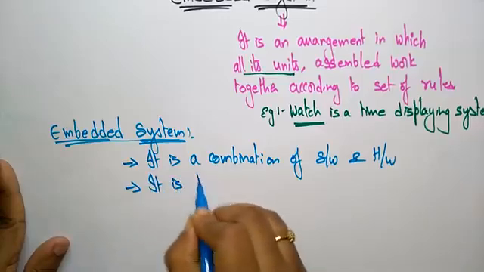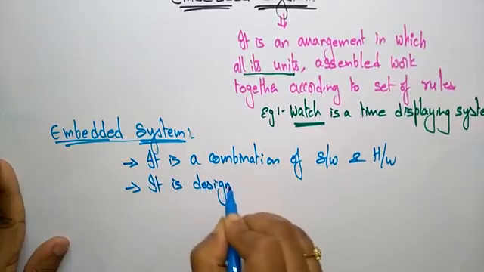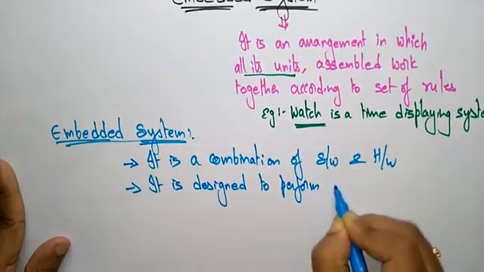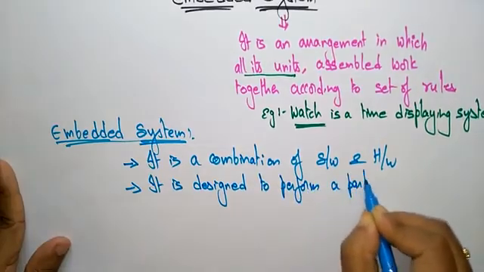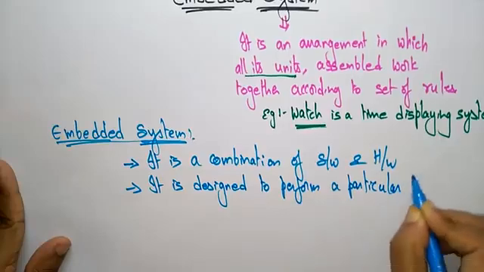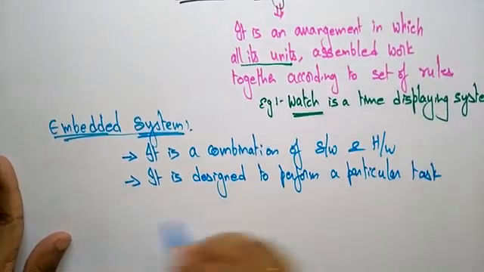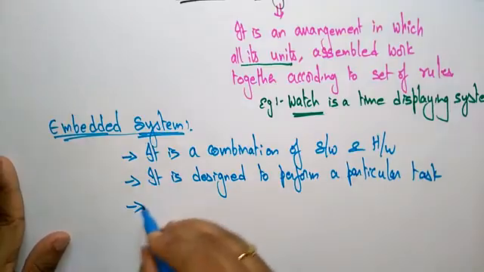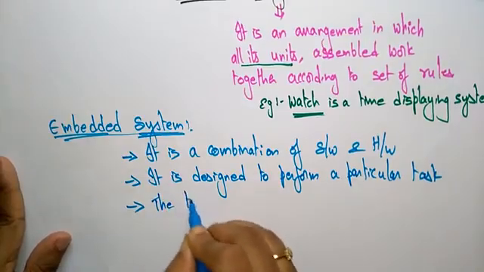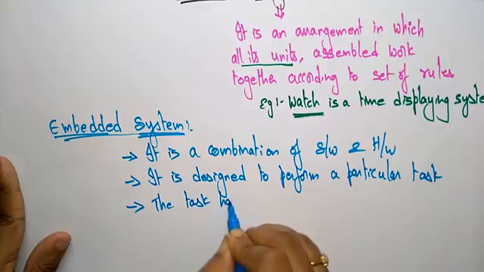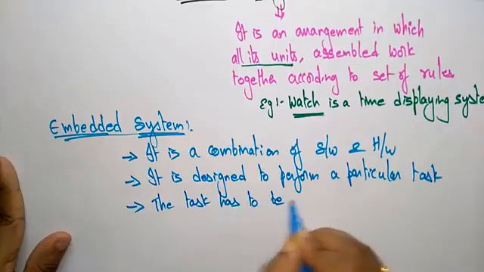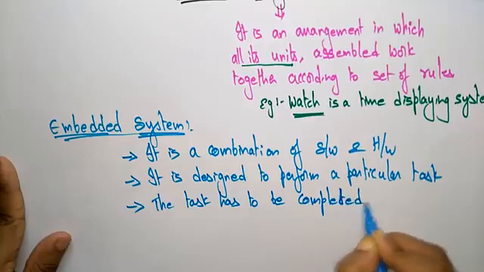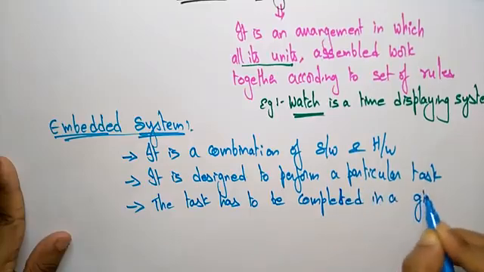The task has to be completed in a given time. So this is the main constraint. Whatever task we have taken, that task has to be completed in a given time.